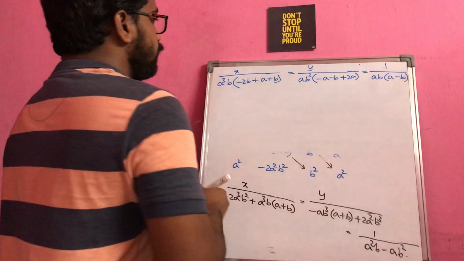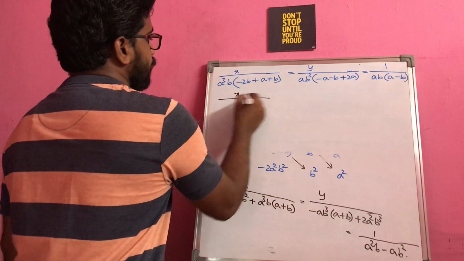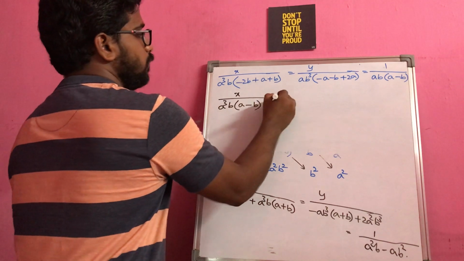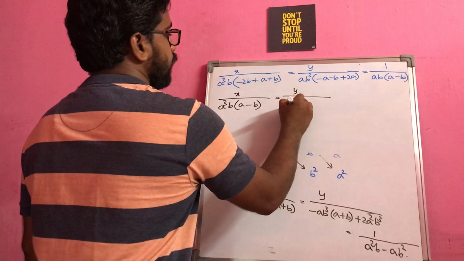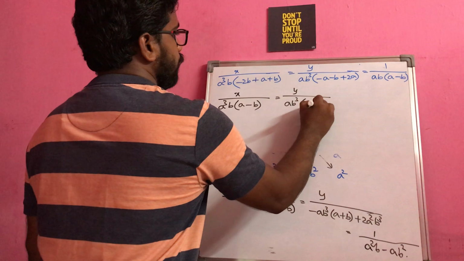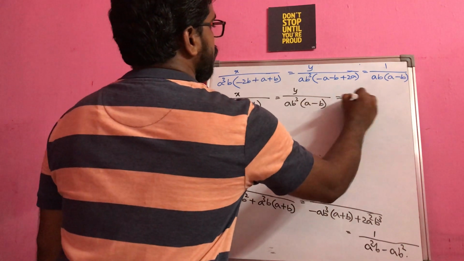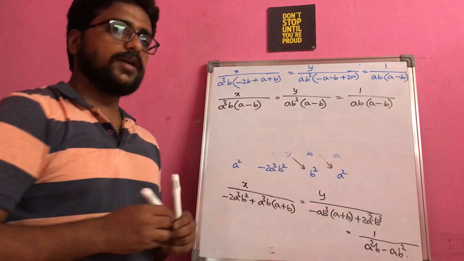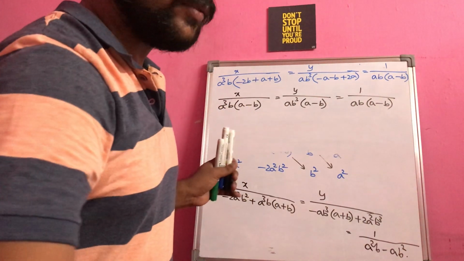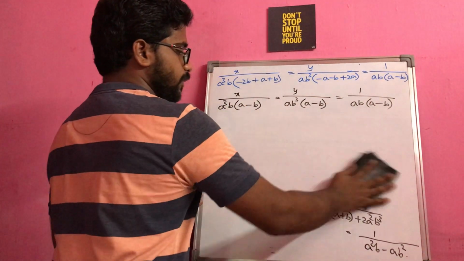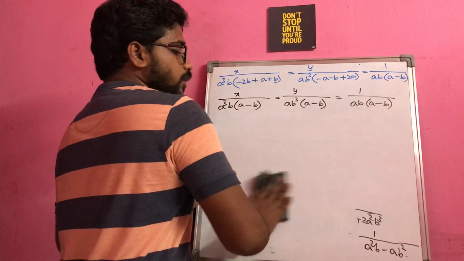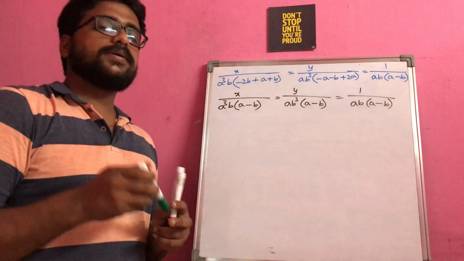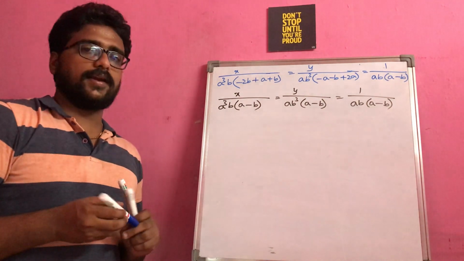So try to simplify this further: x divided by a cube b into a minus b will come, y divided by ab cube, a minus b will come, 1 divided by ab of a minus b will come. Okay, see how much simplification we did. Though the terms are looking scary, it's just our step by step approach, whether we are doing it correctly or not.